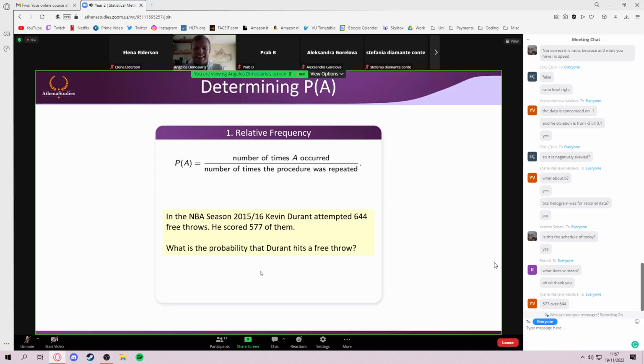Okay, so we want to find the probability that Durant hits a free throw. This is the event that we wanted. So how many times did he attempt it? 644. So the procedure was repeated 644 times, and he scored 575. So this is the number of times he scored.